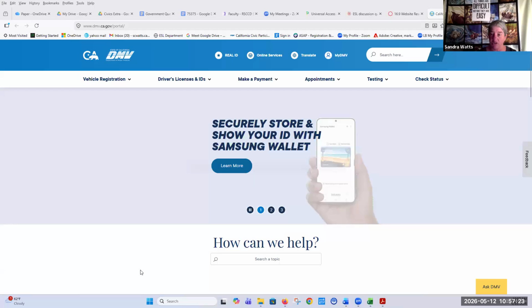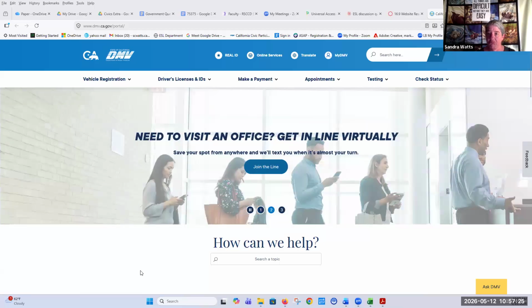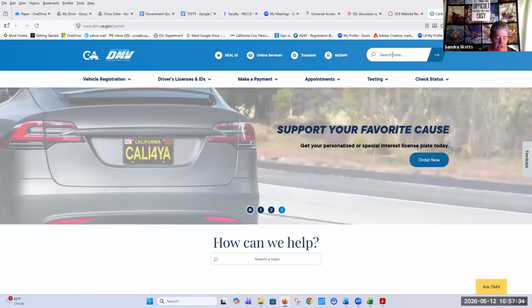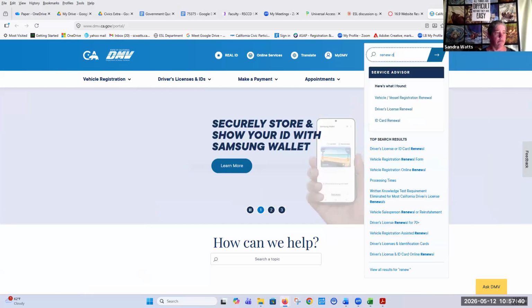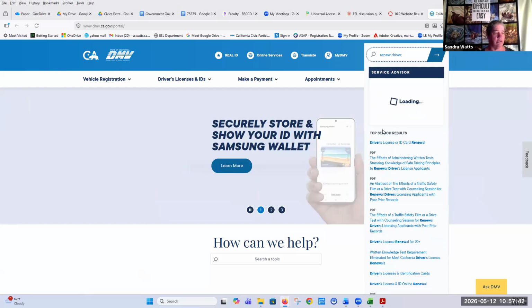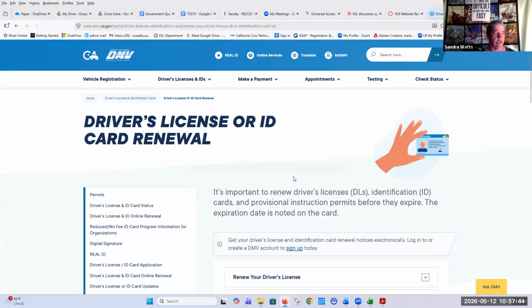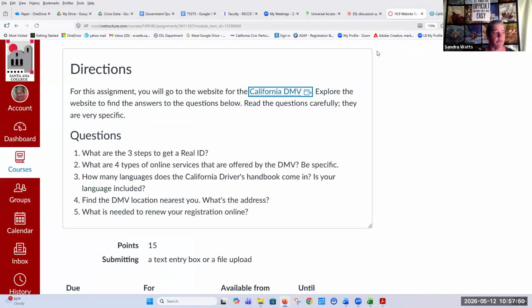The DMV is pretty user-friendly. Okay, it's not too bad for finding stuff, and they have a search. So if you're looking for something specific, you can just do the search, and say, renew driver license. And then, there you go. So anyway, very user-friendly website.